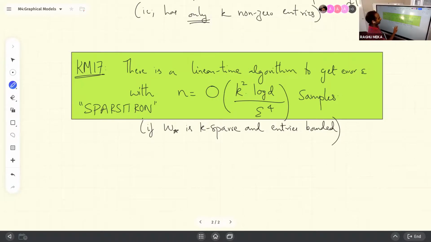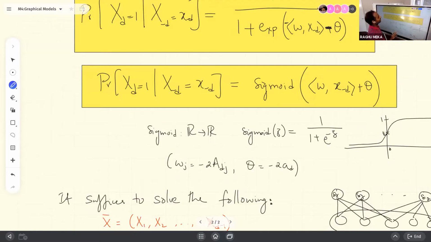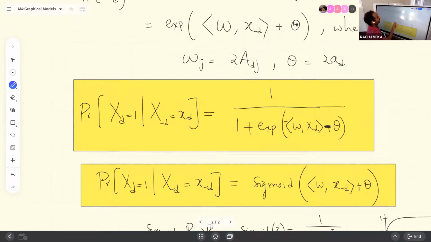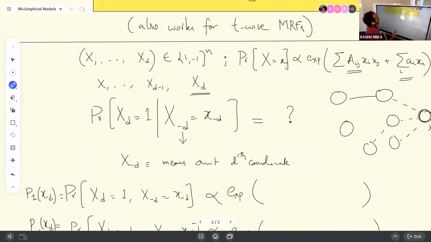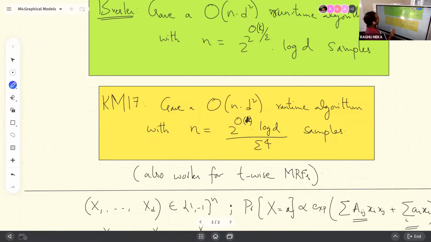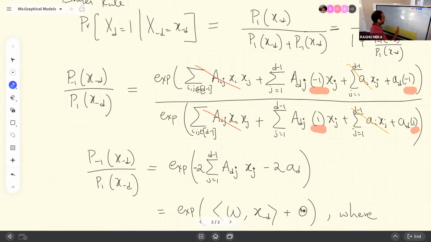But if you go back a long time ago, the way we ended up here was to study this question of learning the Ising model or Boltzmann machine, right? But there, somehow the dependence was 2 to the O of k. So what's happening? What do you think? Why is there such a discrepancy?